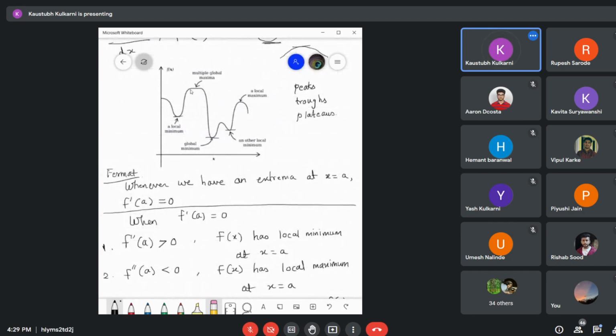But in this case, if we consider the second derivative somewhere at this point, let's say where f dash x first becomes 0, and going forward, the second derivative also becomes 0 slightly before this point.